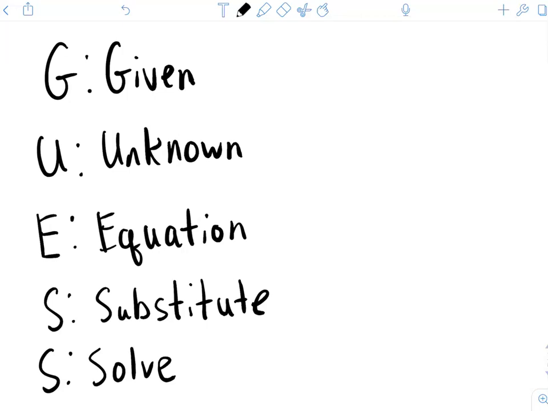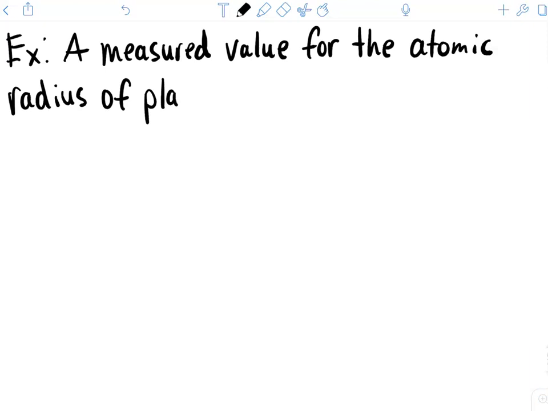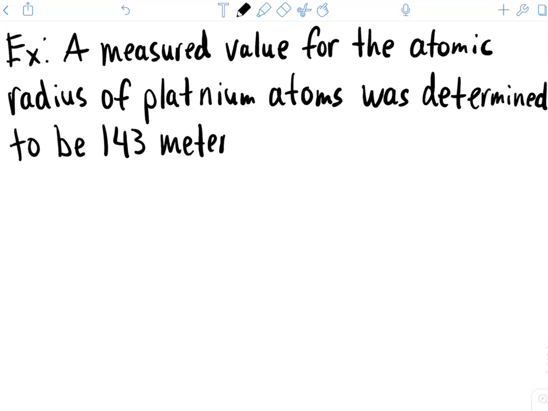So we're going to do an example, and we're going to use the GUESS method for that example. A measured value for the atomic radius of platinum atoms was determined to be 143 meters.